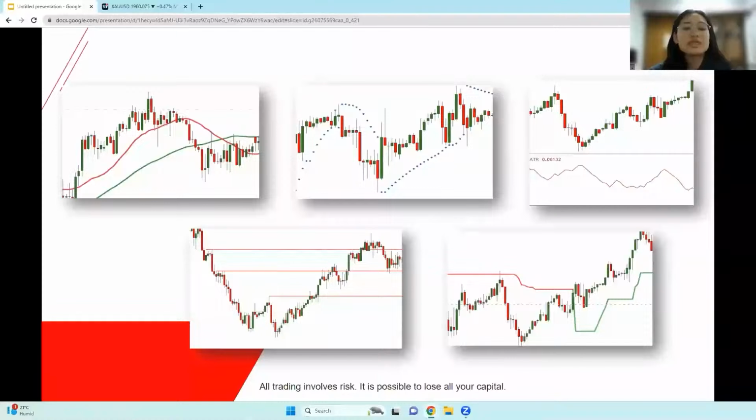Okay, firstly, we have your moving averages, okay, and then you have your parabolic SAR, or is that, I think that's the chandelier, and then we have the ATR, we have your support and resistance levels, and then this is your parabolic SAR, okay?